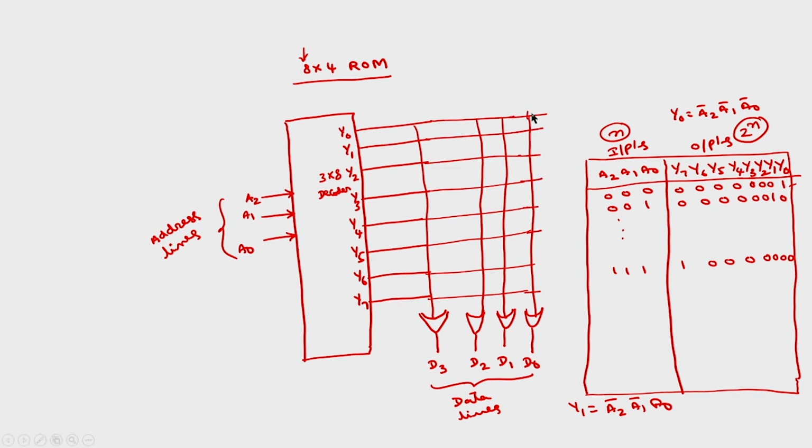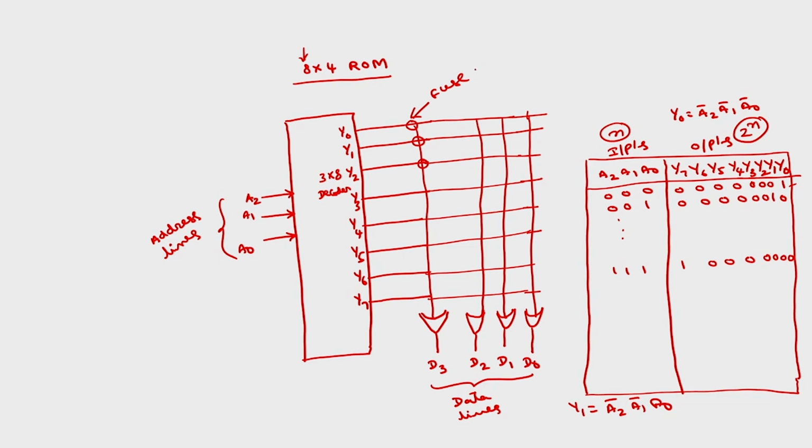Now it depends upon the data that is to be stored in each location. Here all this will be connected through fuses. At each intersection you have a fuse. If the fuse is intact, then that particular line will be connected to the input of the OR gate. If the fuse is blown, then there will be no connection.